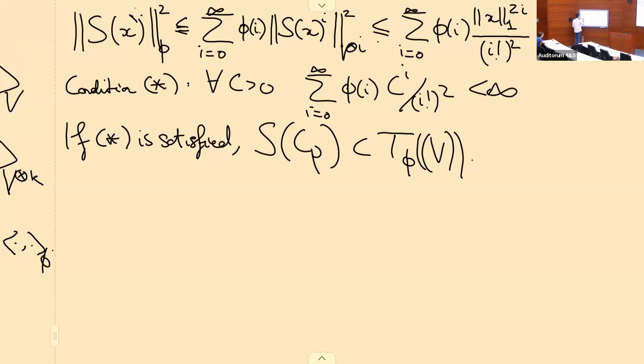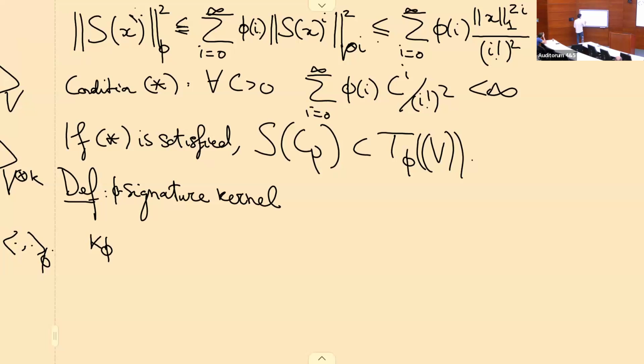Then if we have this, we can define the signature kernel as the inner product of two signatures. Or rather, the phi signature kernel indexed by phi, so let's call it K phi. It is a map from unparameterized paths. Let me simplify: I won't look at anything other than paths of bounded variation.